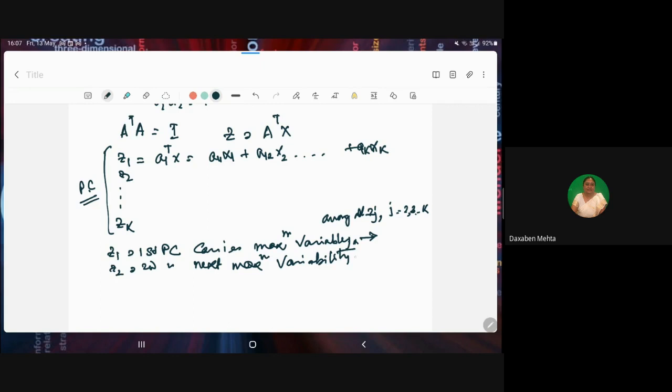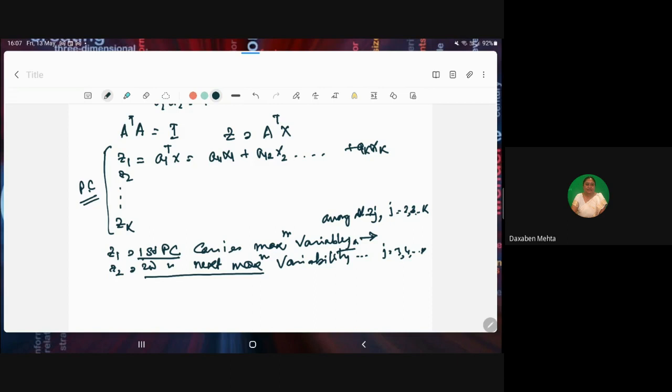Among all j, this is the second, because the first one we have already chosen. So j starts from 3, 4, and so on up to K, and Z3 is the third.